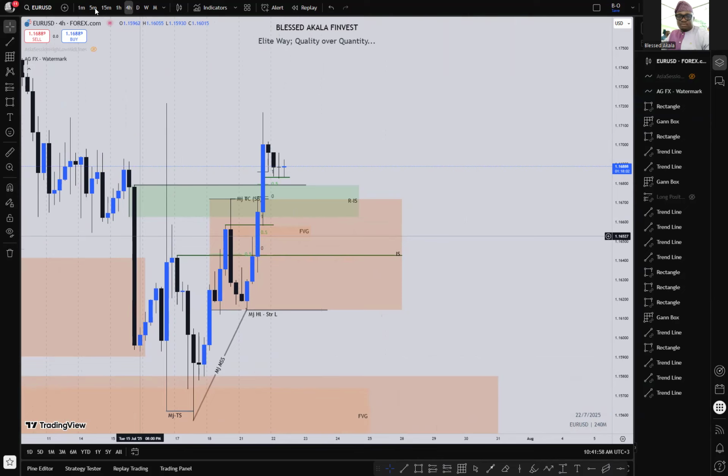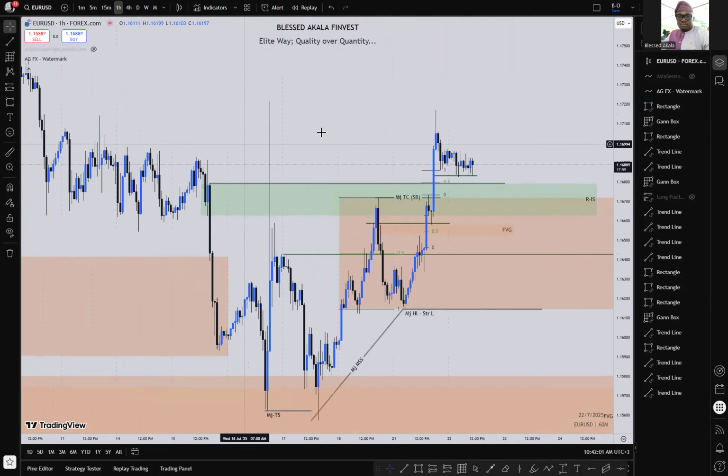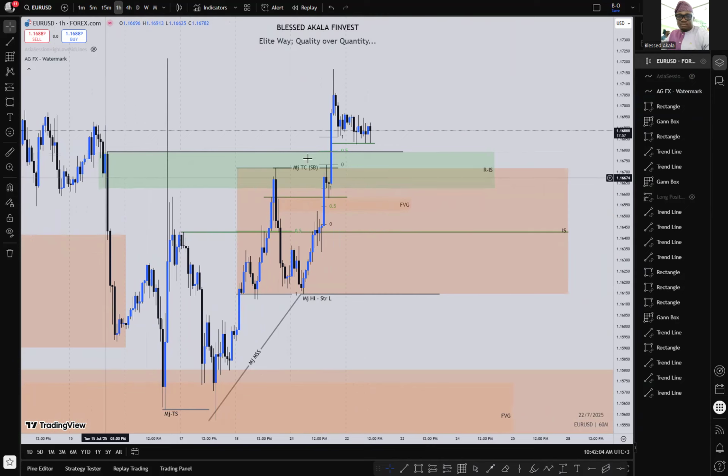So we kind of do it this way. This internal structure is our possibility one that we are anticipating. But if you look closely at this level, we can see that this, the first level, is the fair value gap created on 4 hour.